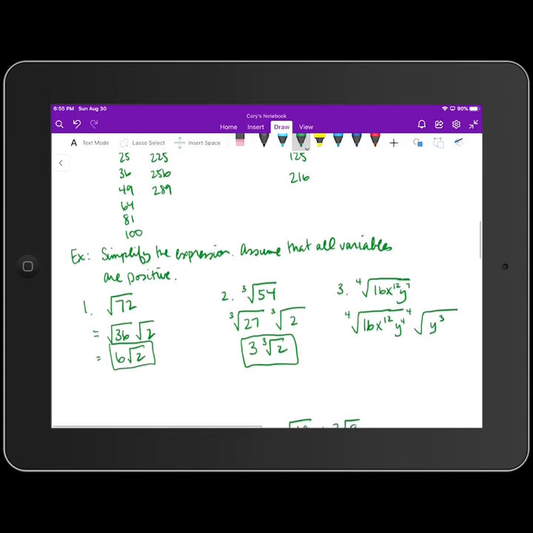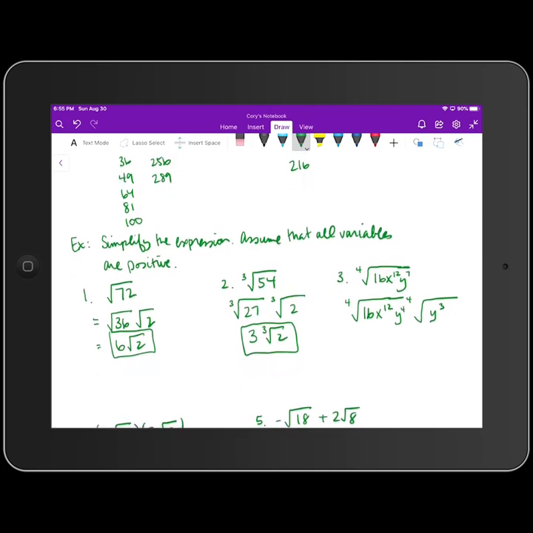Okay, so if we want to go through and simplify this, the fourth root of 16 is 2. The fourth root of x to the 12th power, I can take that radical and write it as a rational exponent, so that's going to be x to the 12 over 4 power. And then we have y to the 4 over 4 power.